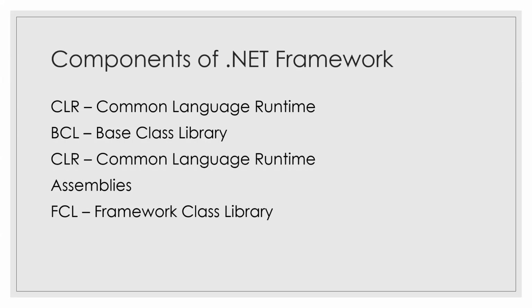Next thing is base class library, BCL. It's a collection of libraries and features and functions that help to implement our code, either C sharp or VB. Basically, BCL has two types: user-defined libraries.